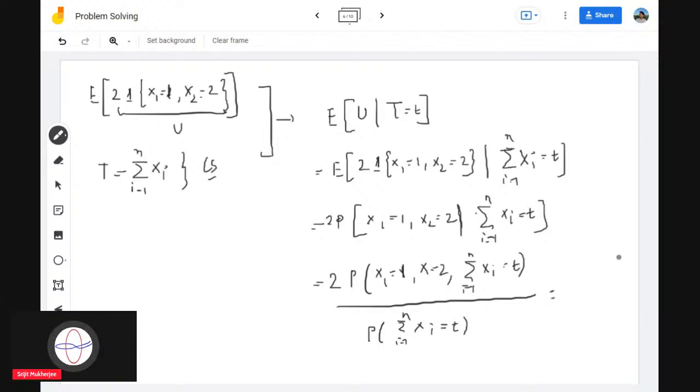Now you will get a function of t over here. The remaining summation of xi from 3 to n is t minus 3, because these two are already given. Now these are IID, so you can write the joint distribution out. Do you want me to write the joint distribution out, Dibbangana, others? Or will you do it yourself?